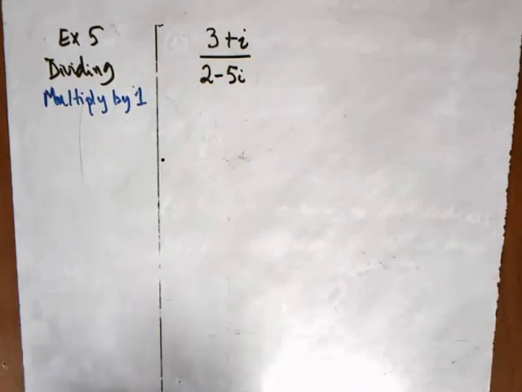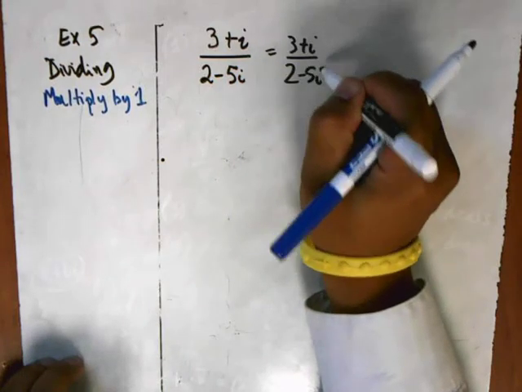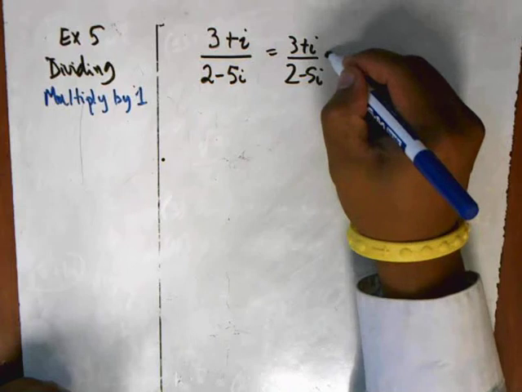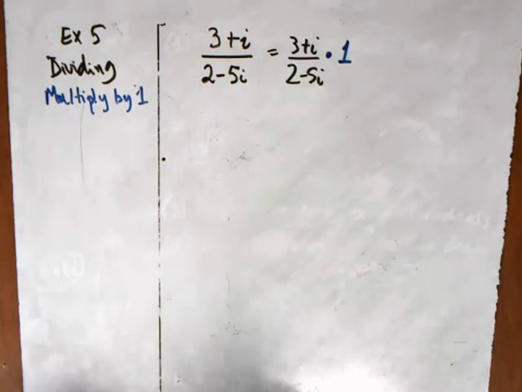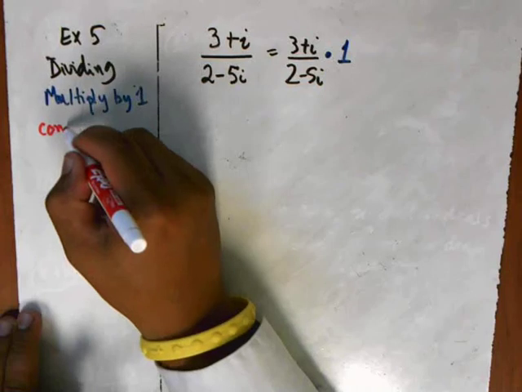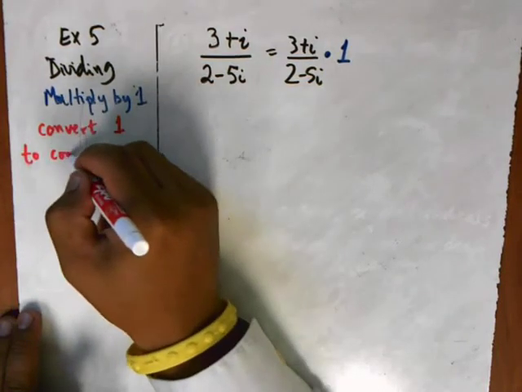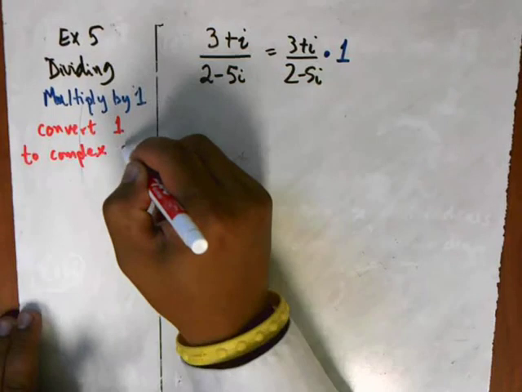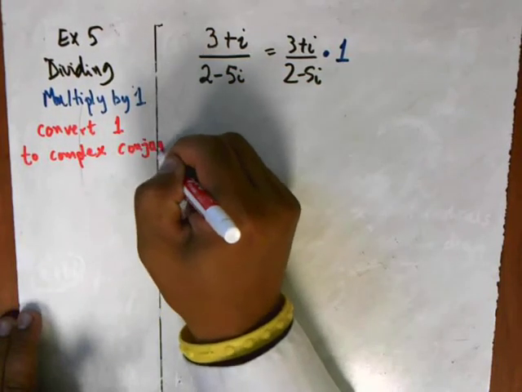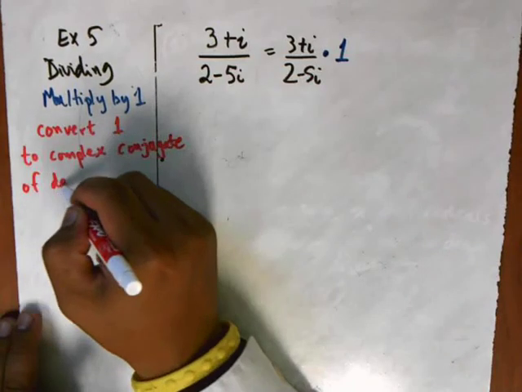Okay. So I know that this whole thing is really just equal to 3 plus i over 2 minus 5i times 1. I know this is a little bit weird, but if you think back to how we deal with fractions, we often multiply by 1. And then after that, we convert 1 to the complex conjugate of the denominator.